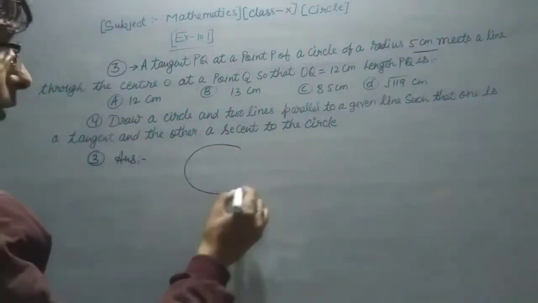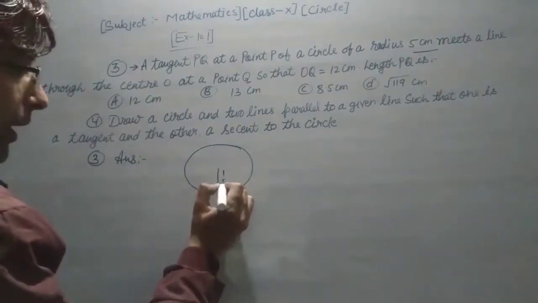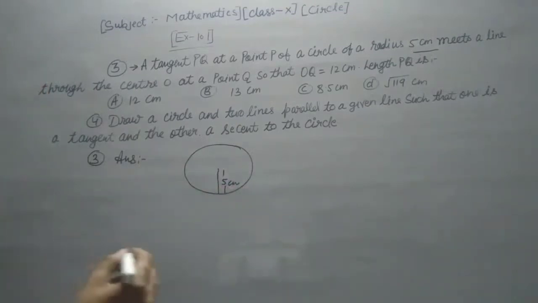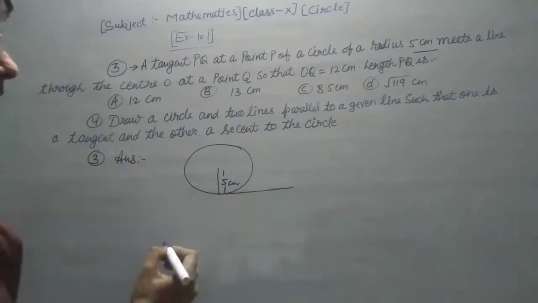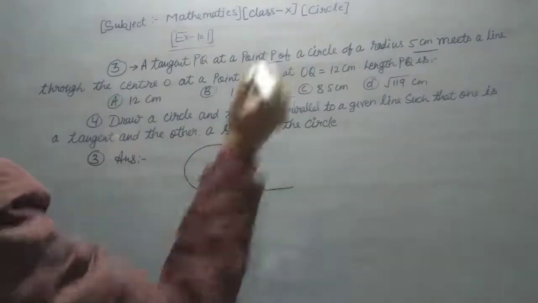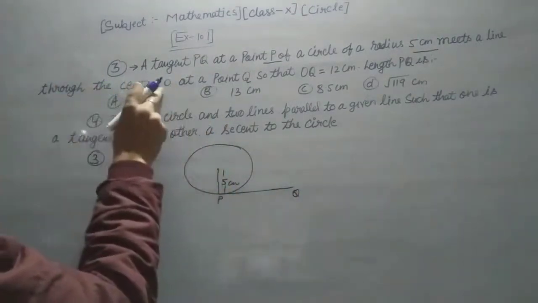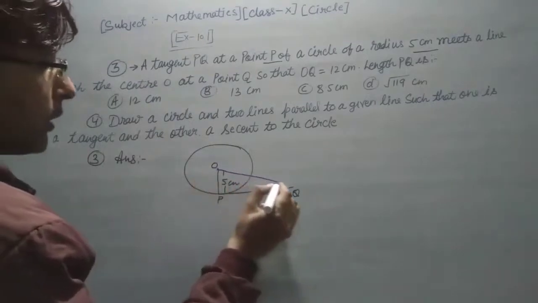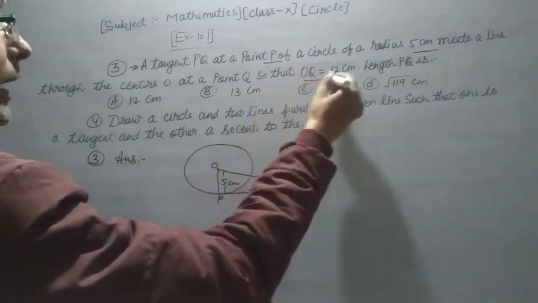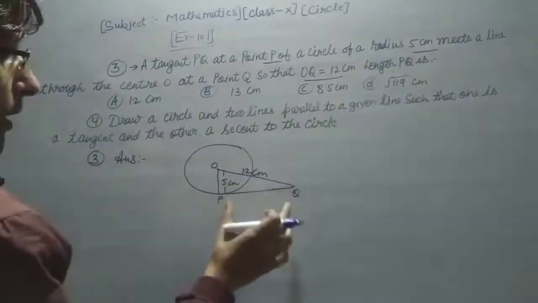So you have to draw a 5 centimeter radius circle here with the help of a compass, and you have to draw a tangent here, and its point of contact is P. This other point is Q, and the center is O. You have to join O with Q, and it is given that OQ is equal to 12 centimeter, and you have to find PQ.